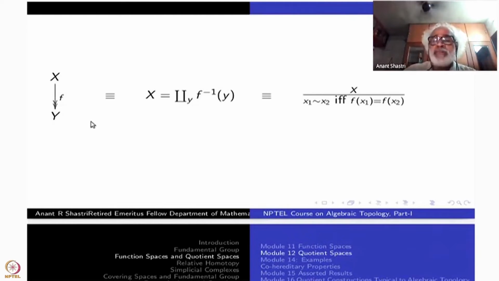So a surjective function into another set implies a partition of X, or a decomposition of X.